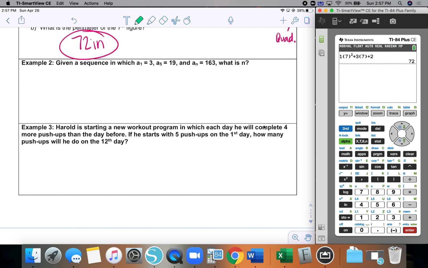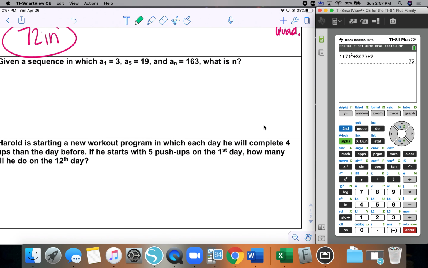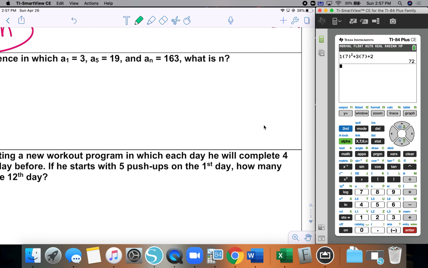So example 2, we have this given sequence where a1 equals 3, a5 equals 19, a sub n equals 163. So with these, we're going to have little numbers and big numbers. My littles, I'm going to put for my x values, and the bigs I'm going to put for the y's. So when a1 is 3, then a5 is 19.